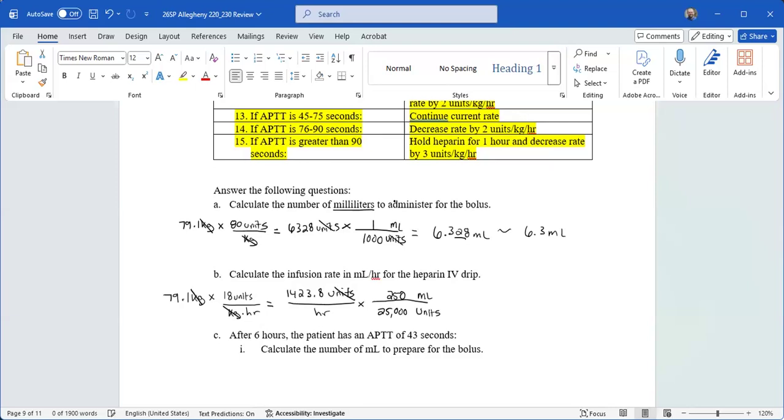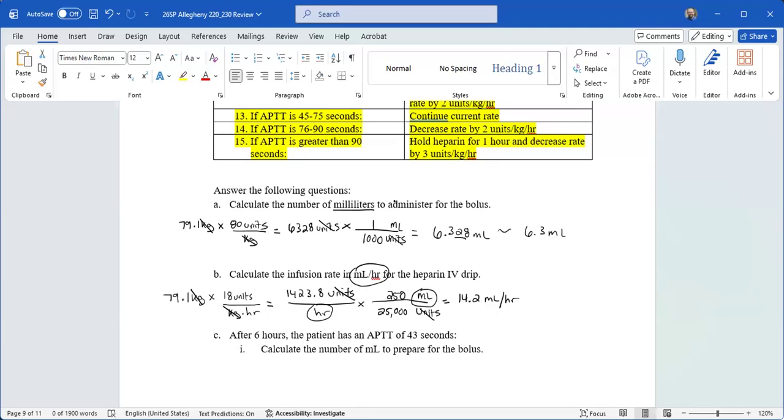Before I do anything, I always like to cross out and just make sure I'm in the units I'm looking for. And I'm in mL per hour. And then I'm just going to run that calculation. And I'm going to get an answer of 14.2 mL per hour.